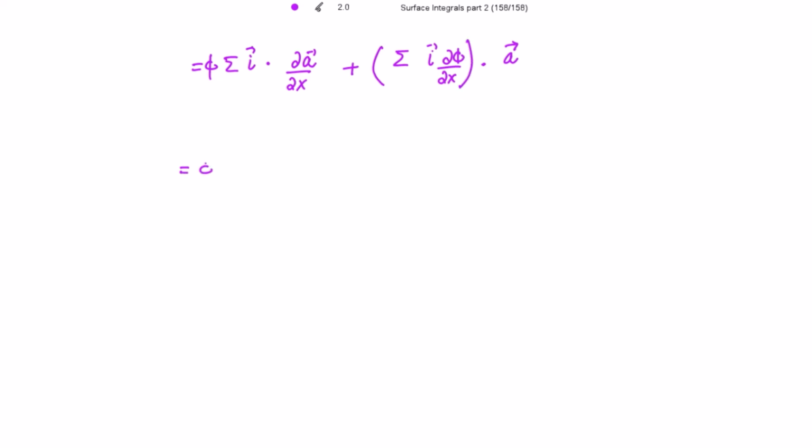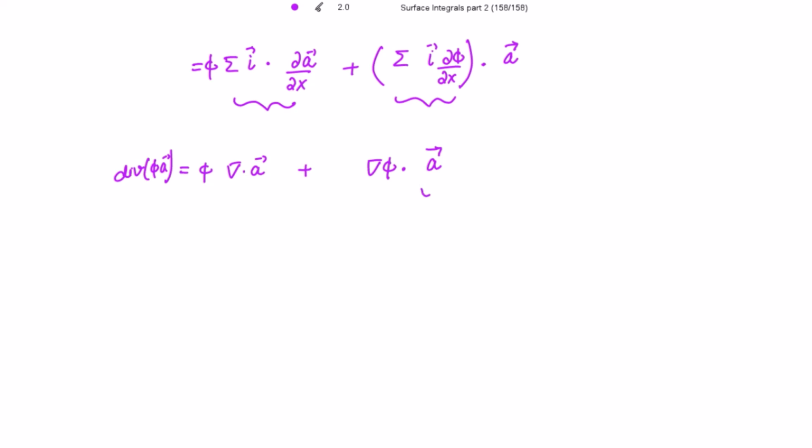So this is equal to phi, and this is nothing but the divergence of a vector, plus this is grad phi dot product with a vector. You can also remember this result. This is the divergence of phi a vector.